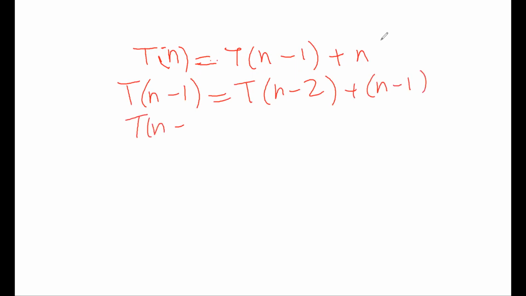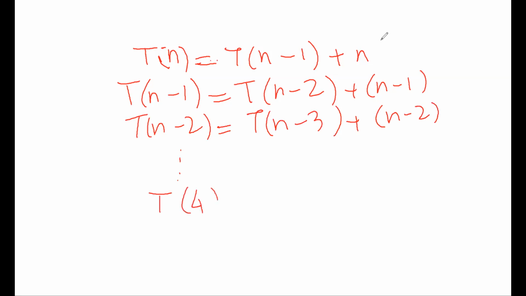T of n minus 2 is t of n minus 3. This is n minus 2. So let's say t of 4 will be t of 3 plus 4.